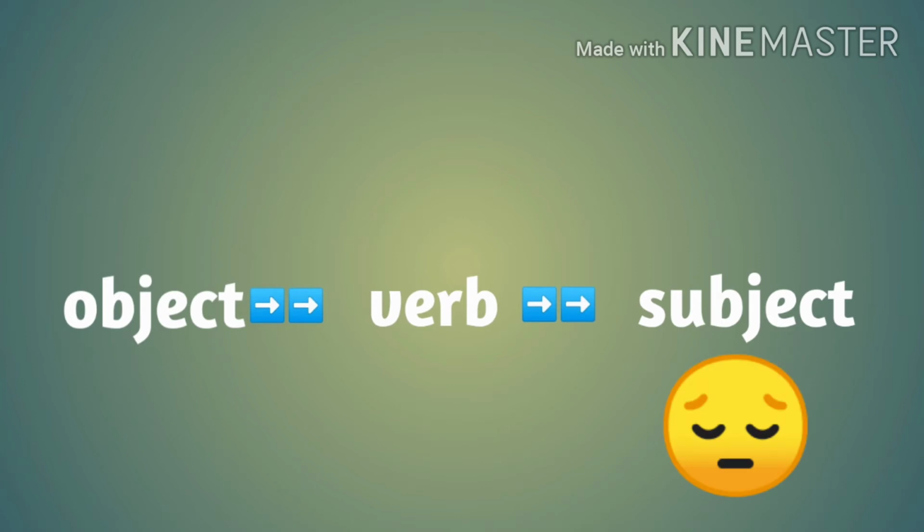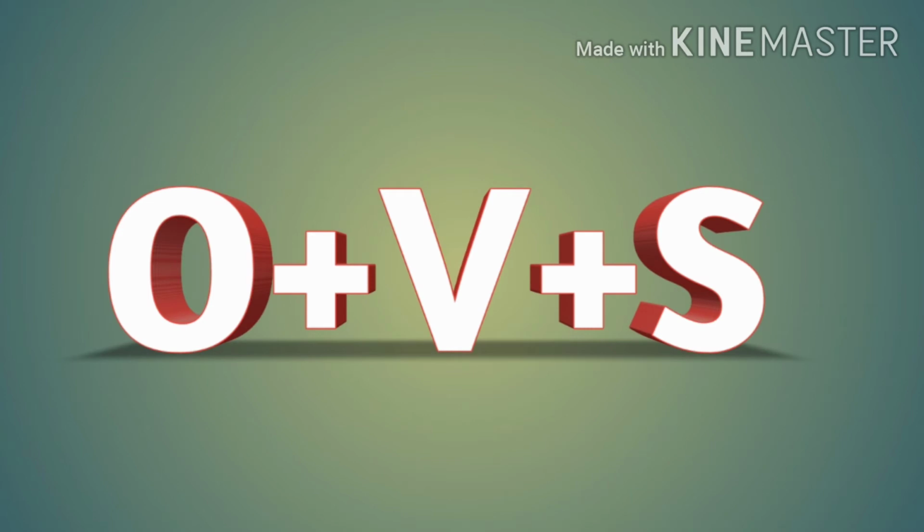That is the reason why such sentences are called passive voice sentences. So in short, the format of passive voice will be object plus verb plus subject, that is OVS pattern.